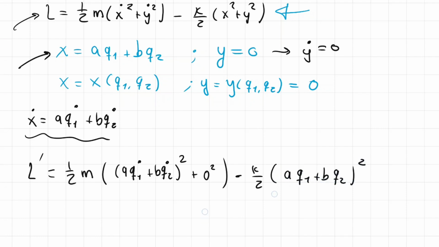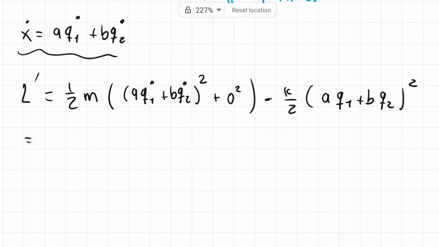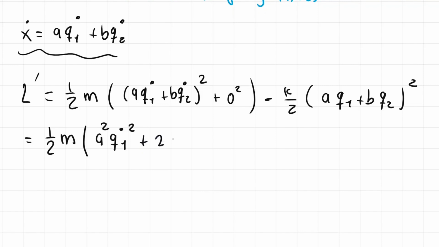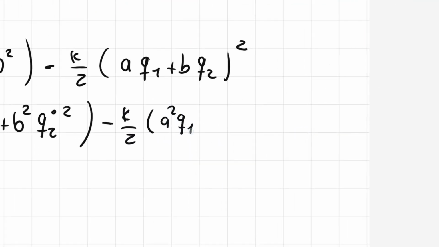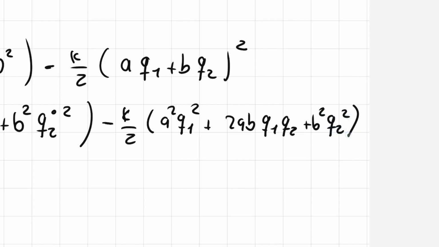(a q1 plus b q2) squared. Okay, so from here we are going to get 1 divided by 2m times a squared q1 dot squared plus 2ab q1 dot q2 dot plus b squared q2 dot squared, and then minus k divided by 2 times a squared q1 squared plus 2ab q1 q2 plus b squared q2 squared.